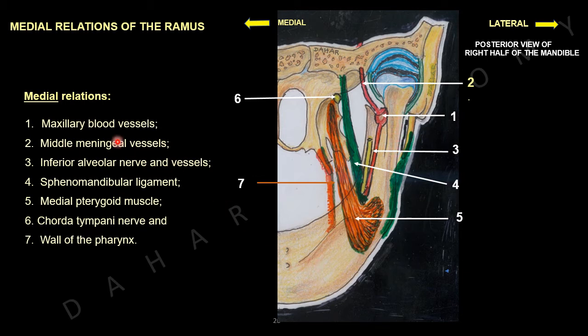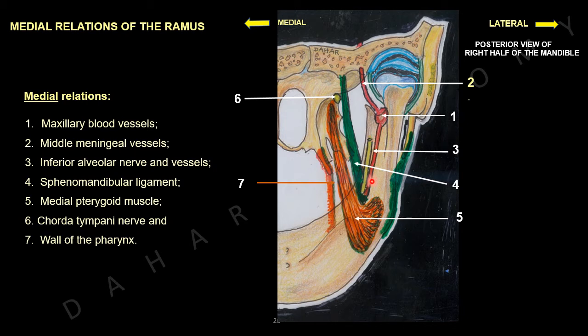So what are the structures on the medial side of these parts of the mandible? That means medial relations of the inner surface of the mandible. Number 1, this is maxillary vessels. Number 2, this is middle meningeal vessels coming from the maxillary vessels. And number 3 is inferior alveolar nerve and vessels.